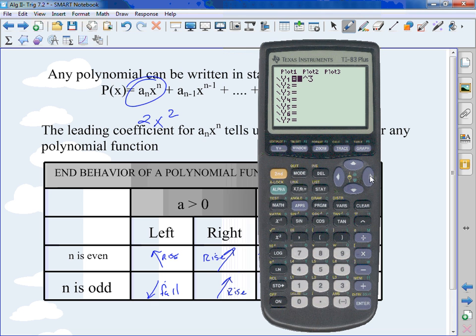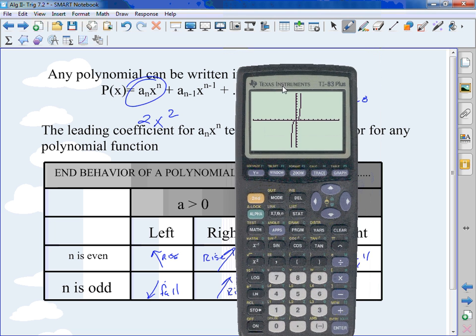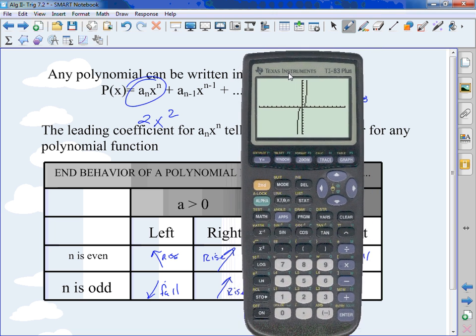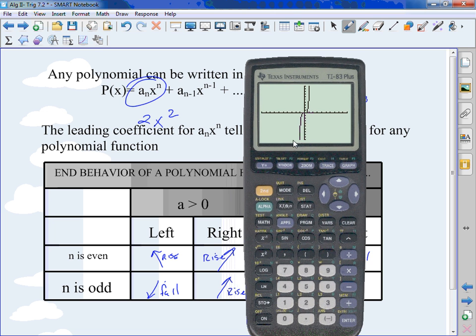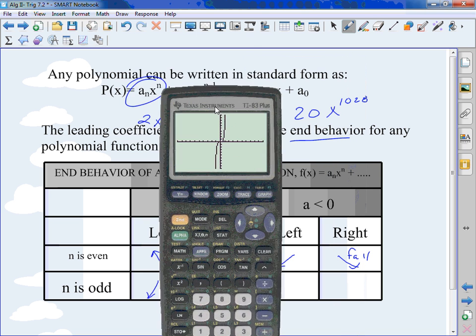Now 5. I'll just use 5th. It's the same thing. Over to the left, it's going down. To the right, it's going up.